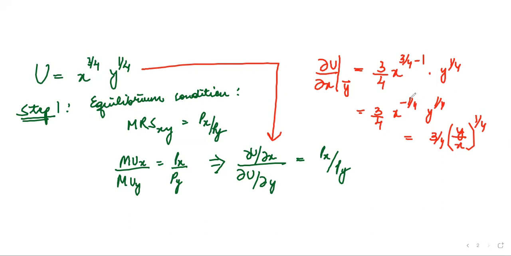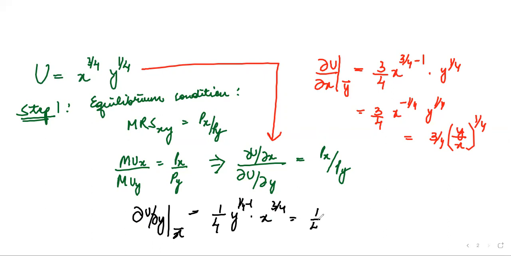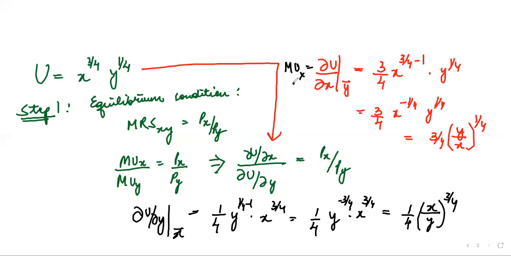Similarly, how utility changes when Y changes: you differentiate the function holding X constant. So this is 1 by 4 Y to the power 1 by 4 minus 1 into X to the power 3 by 4, which is 1 by 4 Y to the power minus 3 by 4 into X to the power 3 by 4. So this will be 1 by 4 X by Y to the power 3 by 4. This is MUX, and this is MUY.